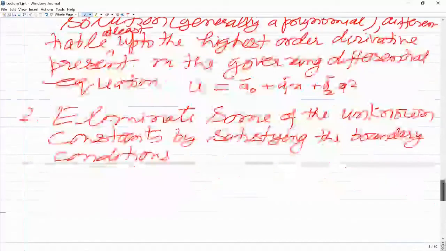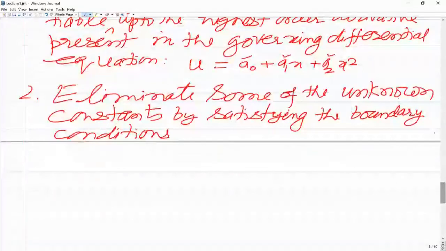I will take an example, and at that time I will demonstrate all these steps.